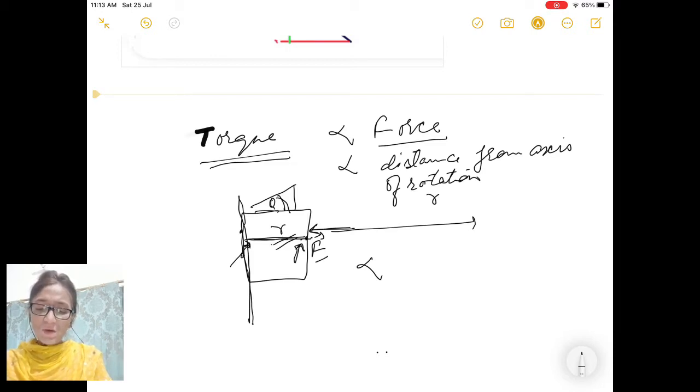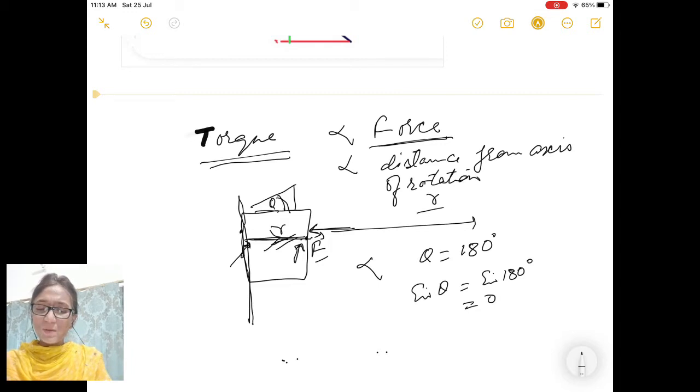Here R is in the outward direction and F is in the inward direction, so the angle is equal to 180 degrees, and you will find that there is no rotational effect. And you know that sine 180 degrees is equal to 0.